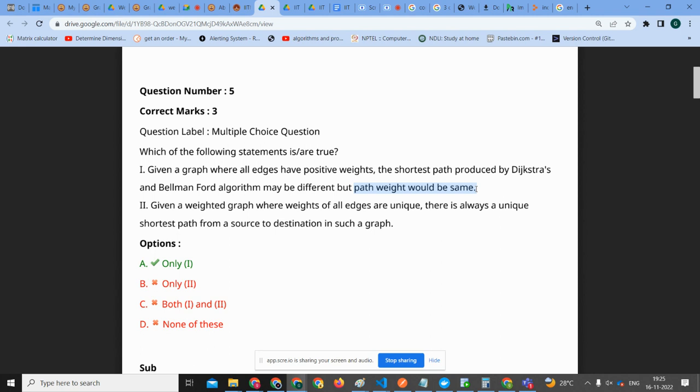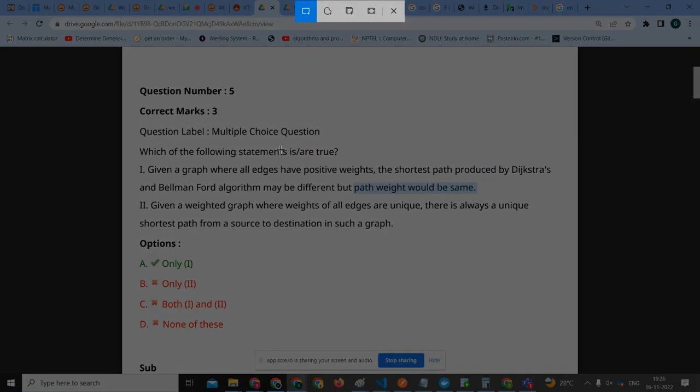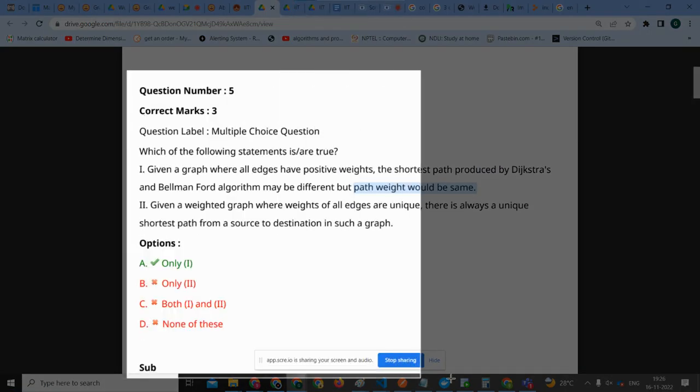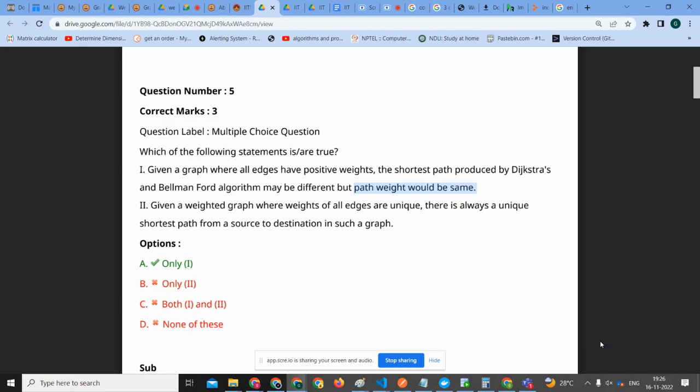Given a weighted graph where weights of all edges are unique, there is always a unique shortest path from a source to a destination.